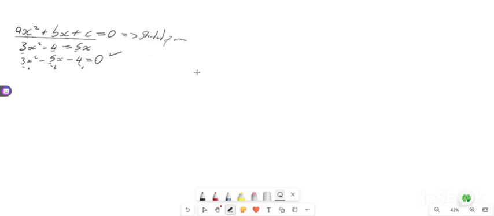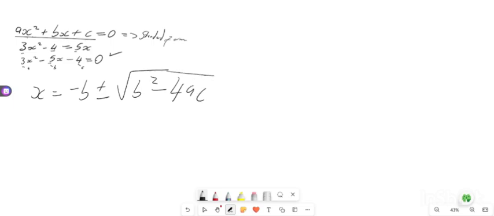So the quadratic formula is like this: x equals minus b plus or minus the square root of b squared minus 4ac, divided by 2a. I even gave you the sign. So b is minus 5. Don't take the 5 only, take the sign.